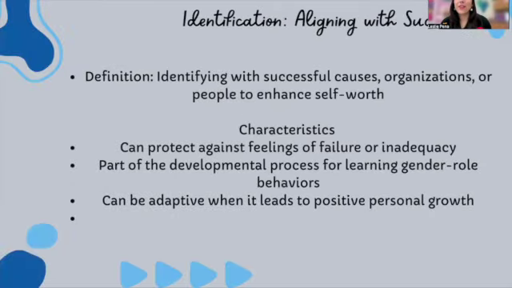Then we have identification. So identification is you trying to align yourself with success. Identifying with successful causes, organizations, or people to enhance your self-worth can protect you against feelings of failure or inadequacy, part of the developmental process for learning gender roles and behaviors, and it can be adaptive when it leads to personal growth.